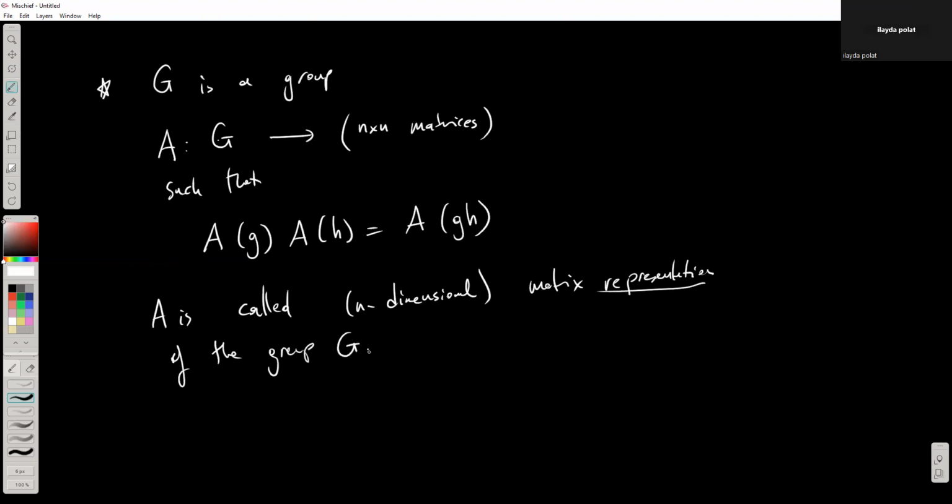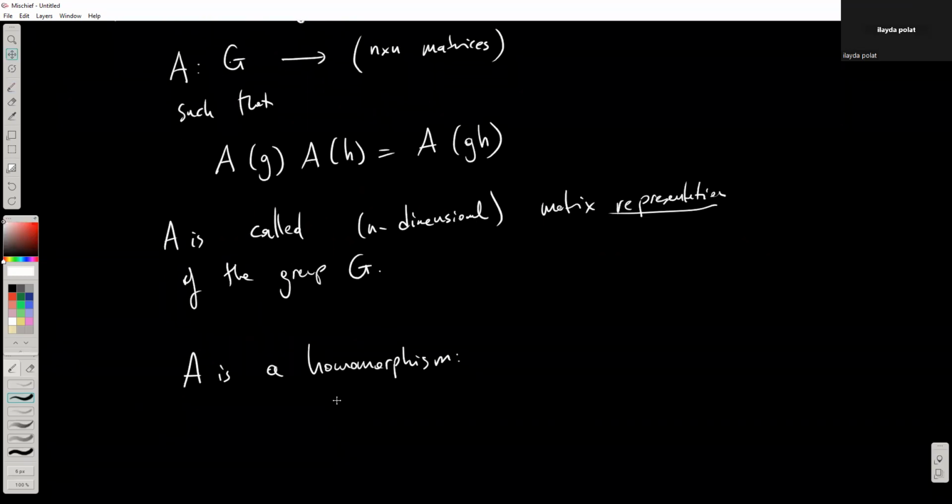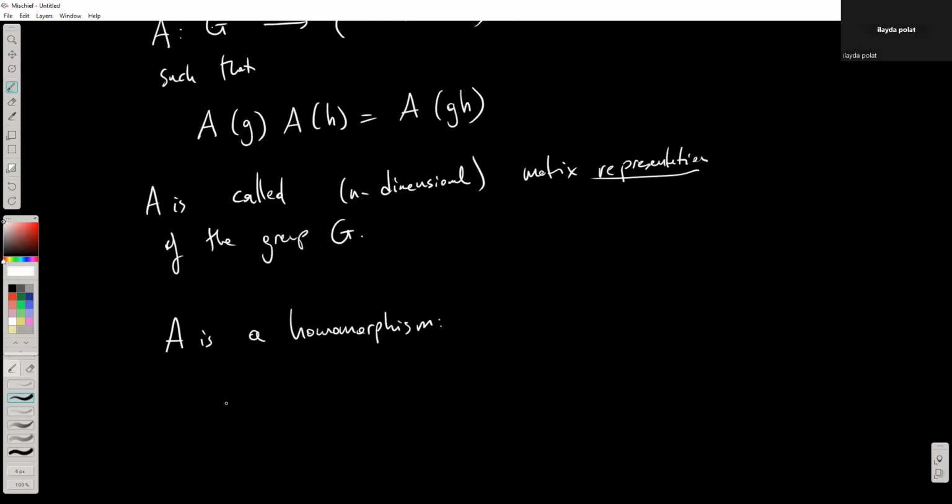We just define this like that. A is simply a homomorphism. We have the restriction that these matrices are invertible matrices, so that's important. A is a homomorphism because A is essentially a transformation from the group into the general linear group of n by n complex matrices.